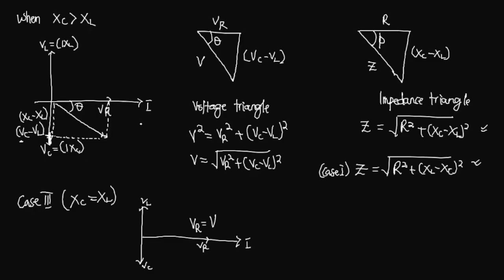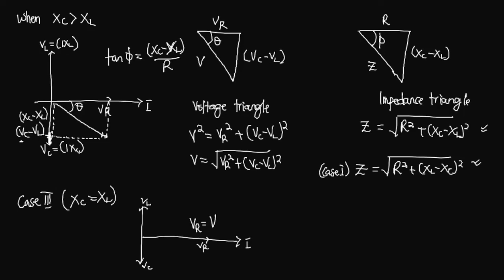Now for the second case, our phasor angle, still using the impedance triangle, is going to be tan of the phasor angle equal to XC minus XL all over R. So this is the formula.